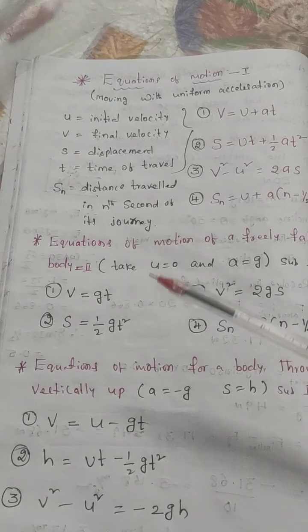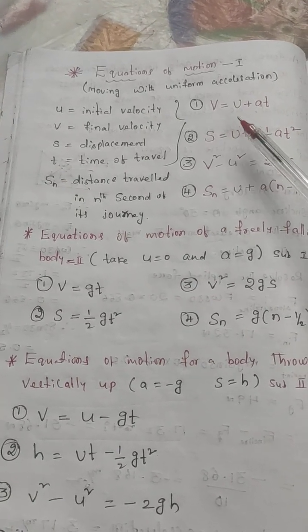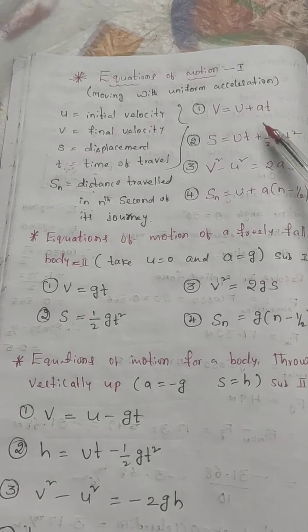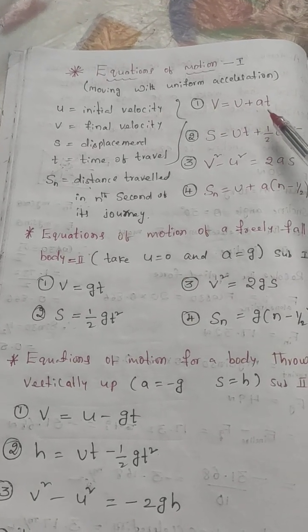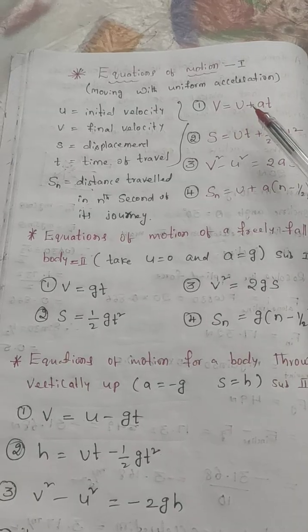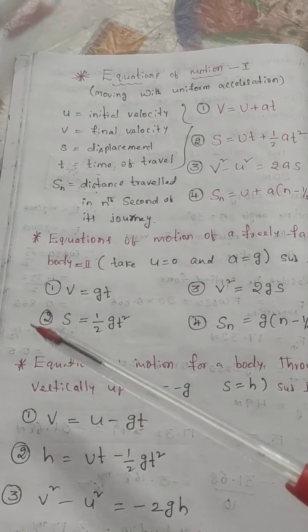First of all, in the first equation, v equals u plus at, the u value is 0 and the a value is g. The remaining is v equals g into t.